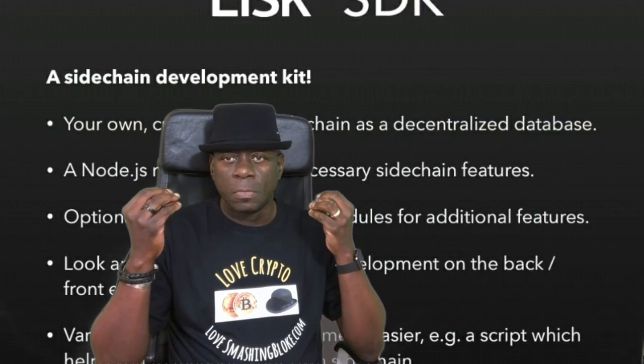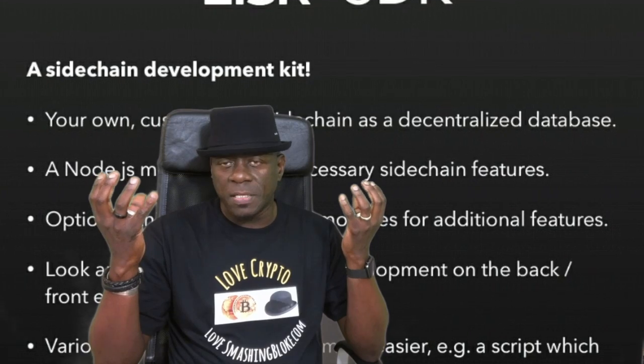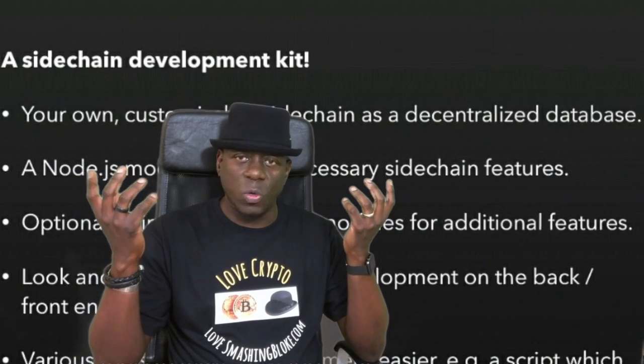The SDK also includes a backend that allows developers to access customizable code that allows them to easily and independently create their DAPPS. It also has a front end, which is the user interface, the UI.